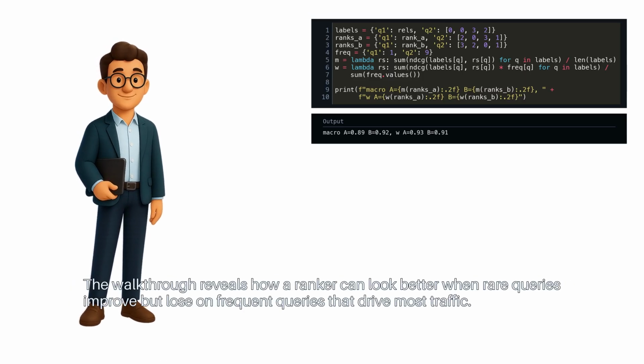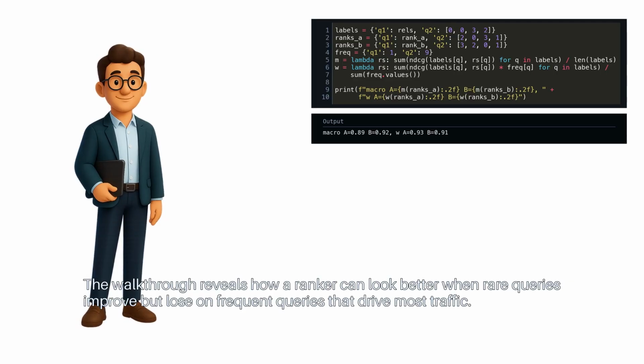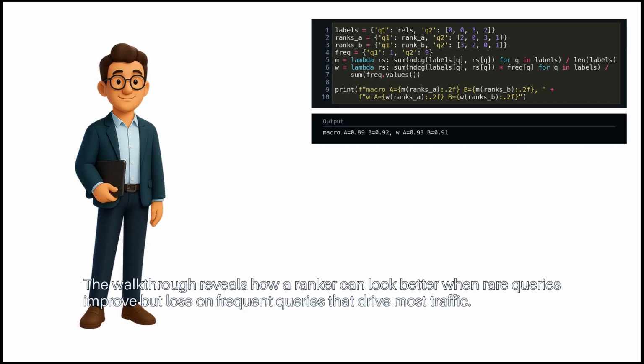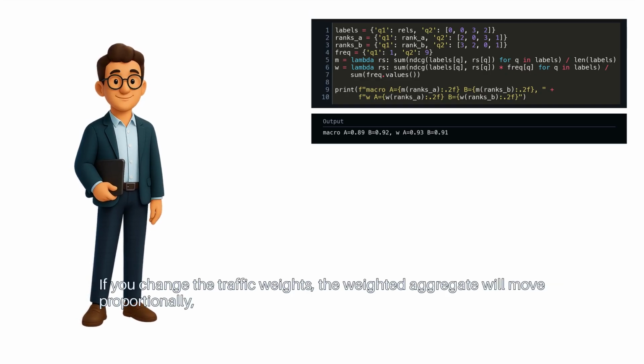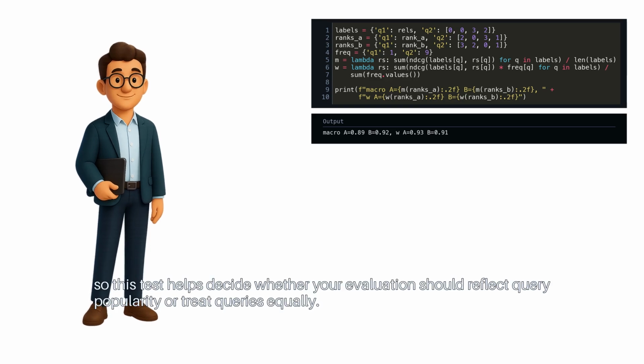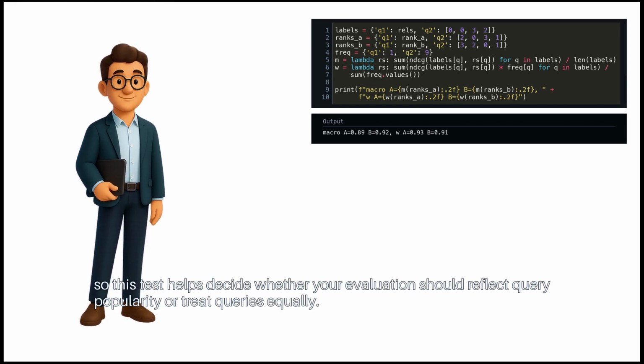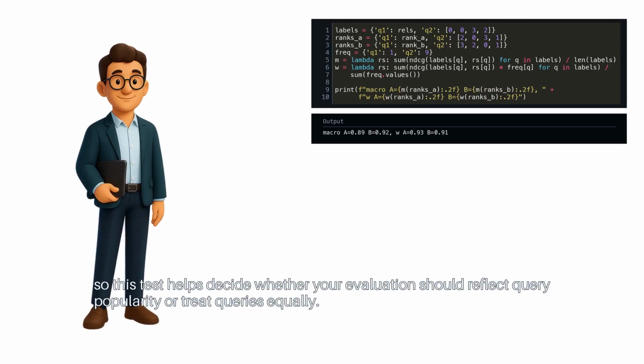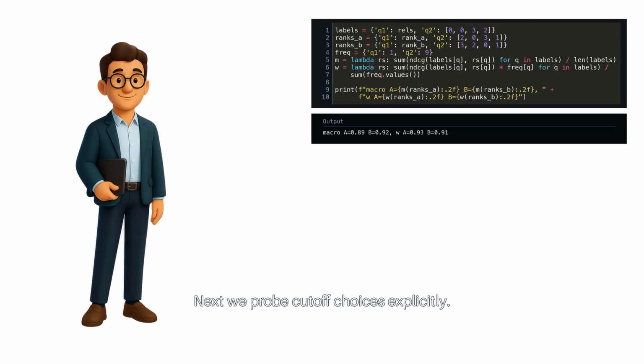The walkthrough reveals how a ranker can look better when rare queries improve, but lose on frequent queries that drive most traffic. If you change the traffic weights, the weighted aggregate will move proportionally. So this test helps decide whether your evaluation should reflect query popularity or treat queries equally.